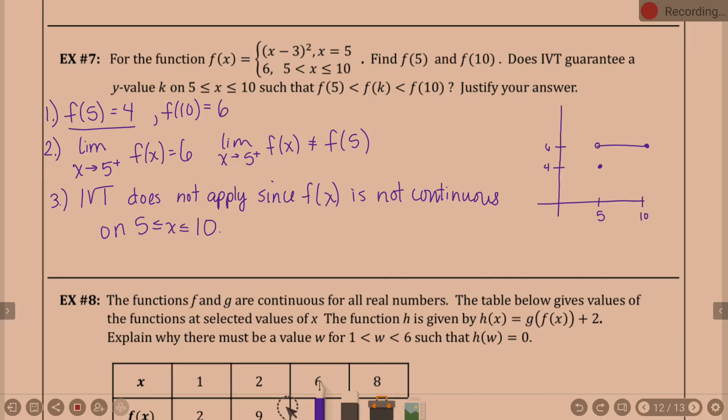Okay. And then there is no guarantee. They wanted us to say f of k is between f of 5 and f of 10. It might be, but there's no guarantee.